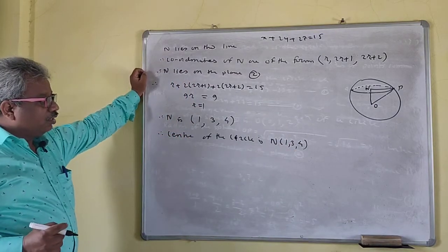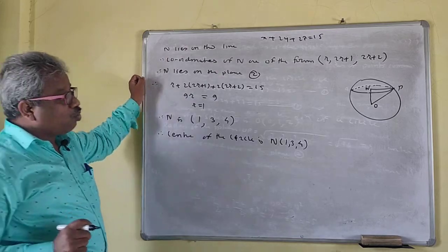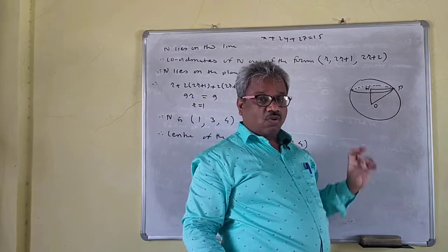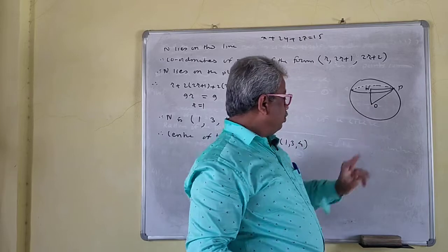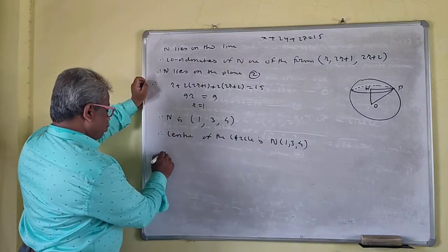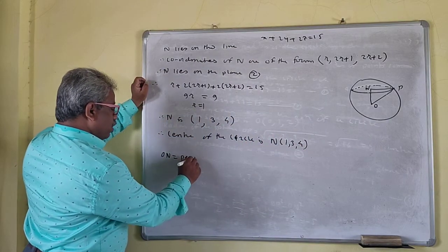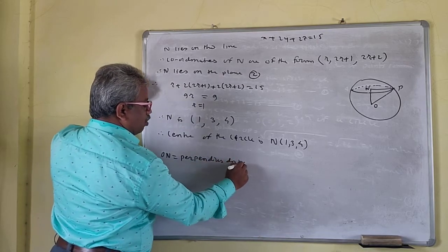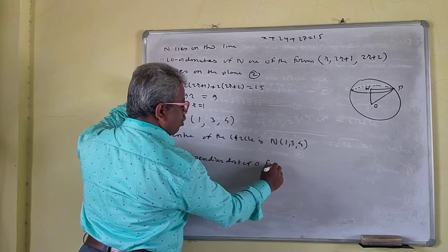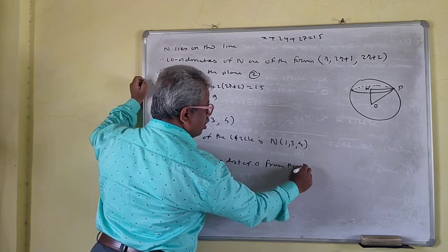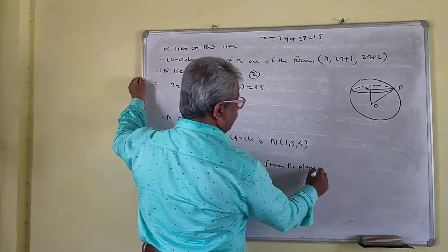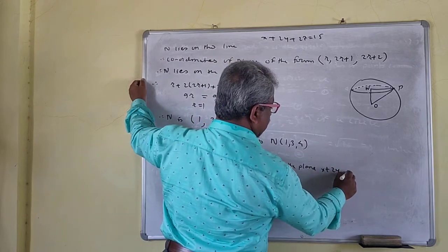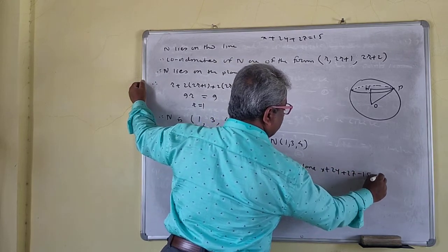Okay. Now what you want? You want NP. So ON is equal to the perpendicular distance of O from the plane x plus twice y plus twice z minus 15 is equal to 0.